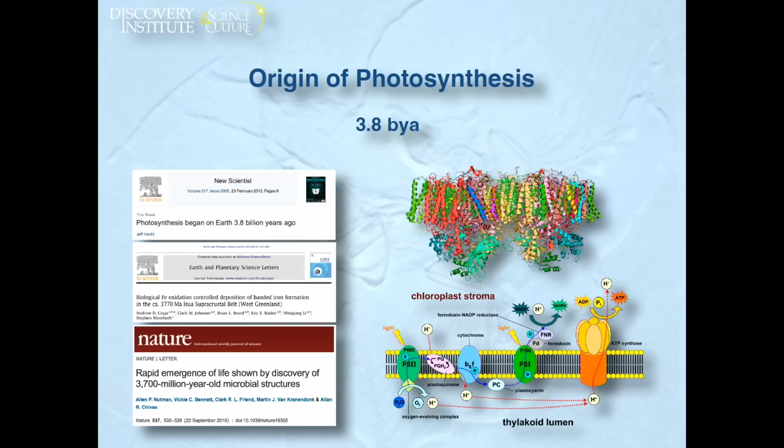You see here a model of the protein that is involved in one of the processes of photosynthesis. And the very first organisms that we find almost 3.8 billion years ago are cyanobacteria, which were the first organisms that had photosynthesis. And we do not only find fossils of those microbes where you might say, well, it's controversial, maybe they had photosynthesis, maybe not, but we also find the biochemical markers in the fossil record that document that photosynthesis was happening at this time.